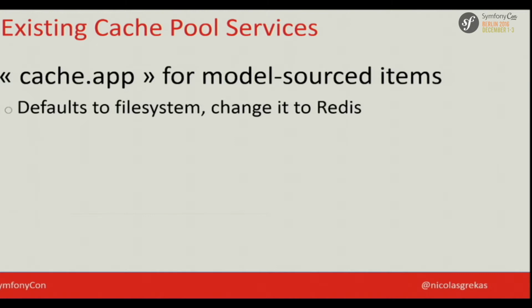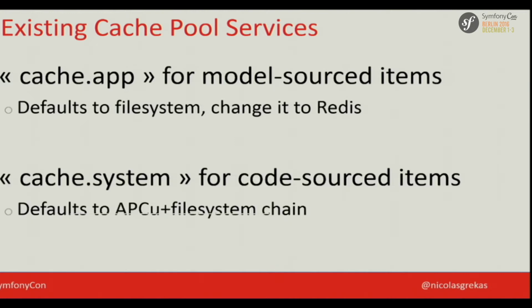There is another service, in fact, in Symfony, which is cache.system. And cache.system is something you can use also for yourself. This one should store only code-sourced items, which means the result of parsing annotations, templates, reading things you create from the source itself.